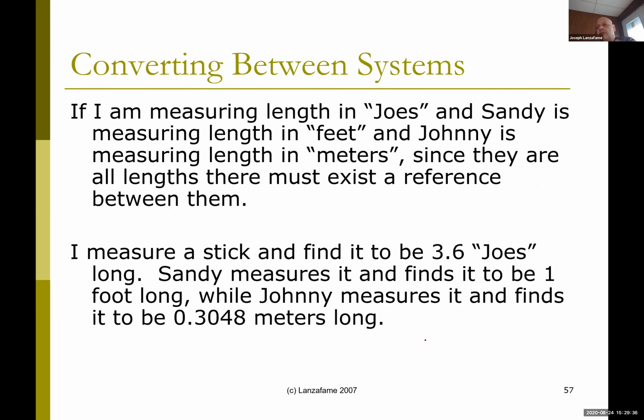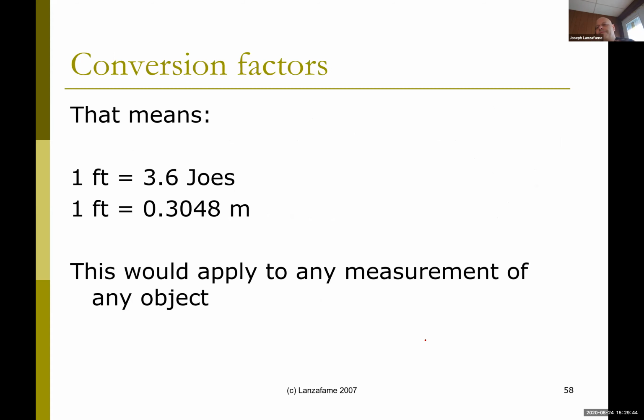And conversion really depends on equivalence. We could talk about Joe's, but that's an arbitrary unit of measure, because every scientist wants a unit of measurement named after them. A more normal and actually correct conversion is feet to meters. One measured foot is 0.3048 meters. This is equivalence. If I have something that is 1 foot long, it is also 0.3048 meters long.